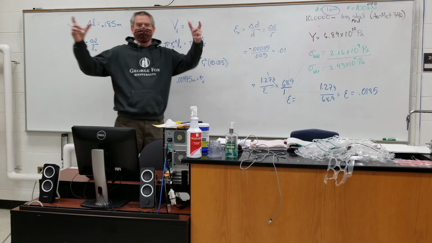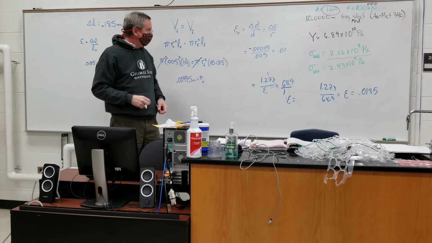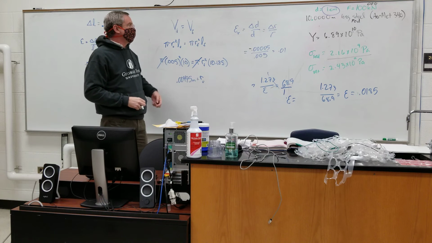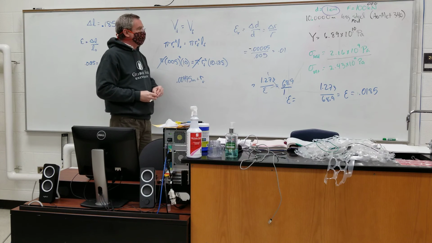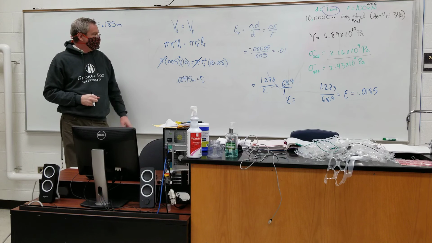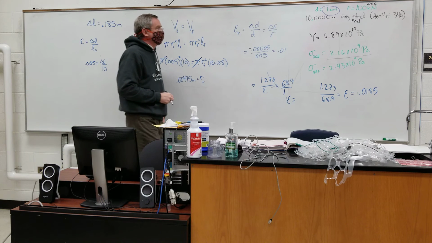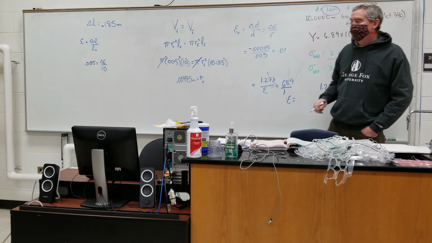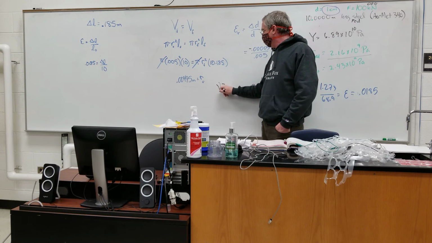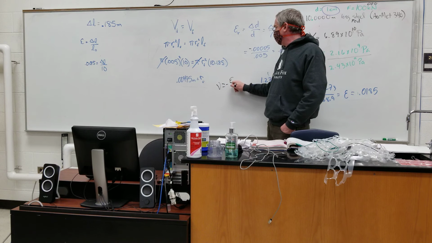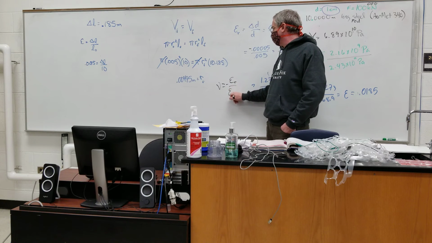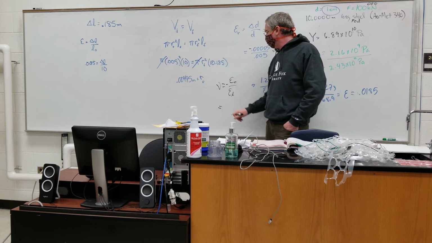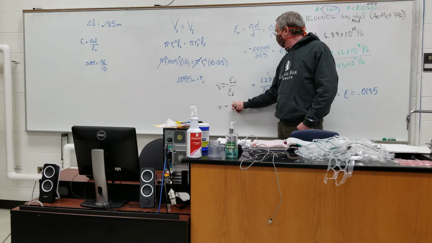Because it was 0.005 and then it got smaller by 500 thousandths, 100,000. So now, back to my Poisson ratio, which is my negative of my transverse strain over my longitudinal strain. So negative 0.01, negative.